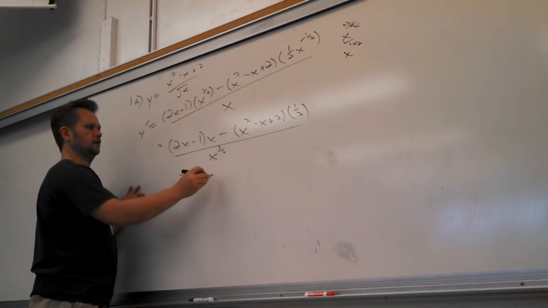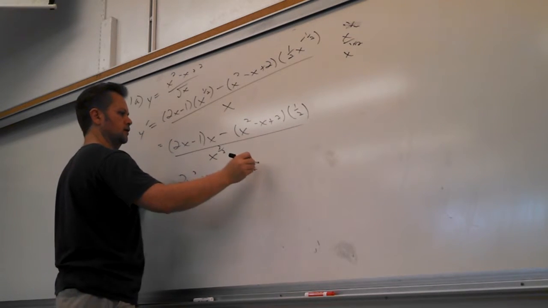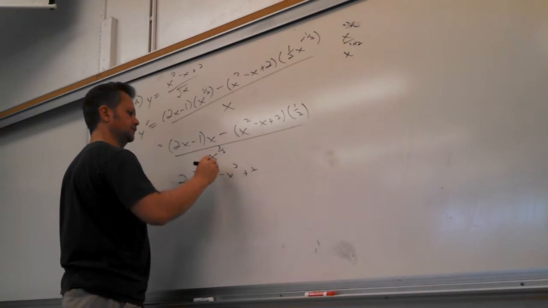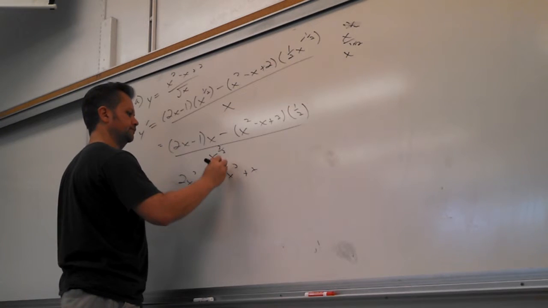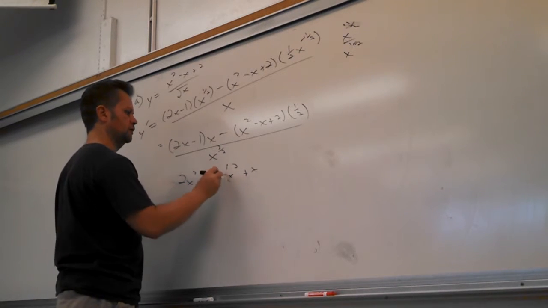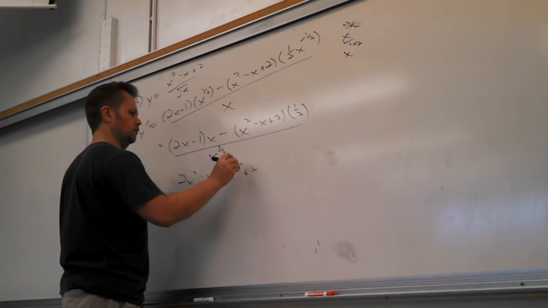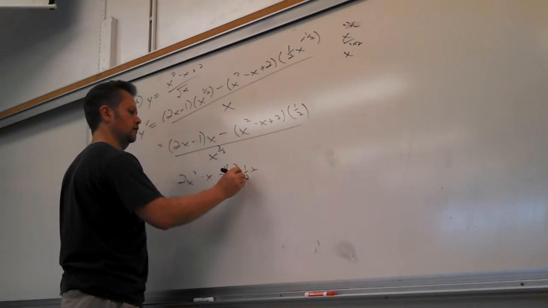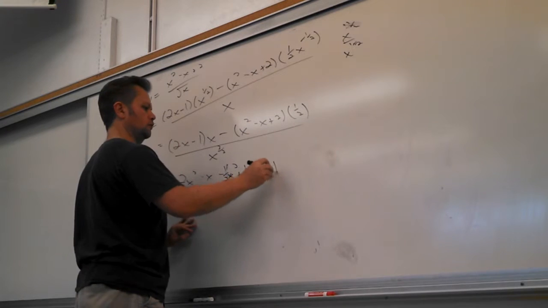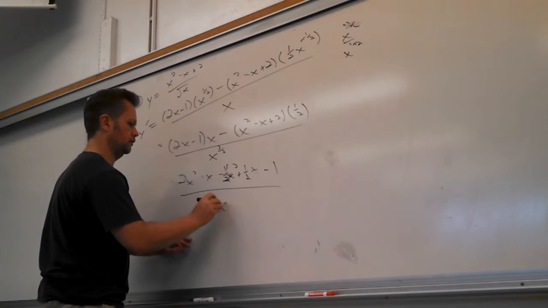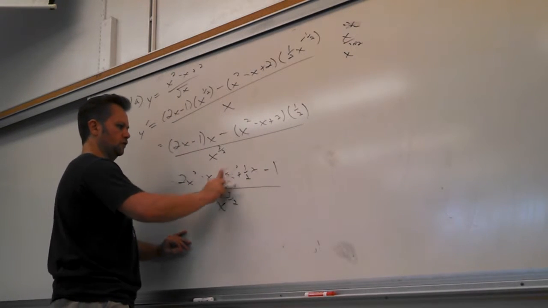2x squared minus x squared plus x. Well, let's bring the 1/2 in there at the same time. 1/2, minus 1, all over x to the 3/2. That is beautiful.